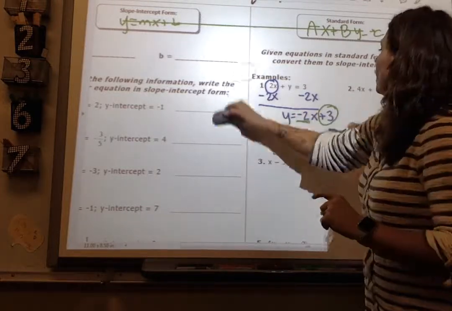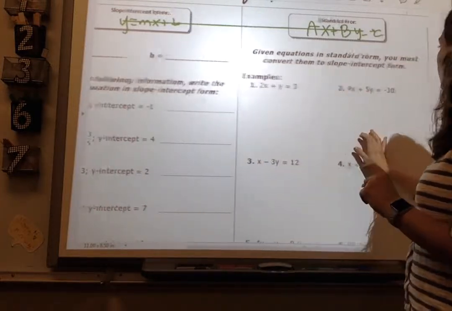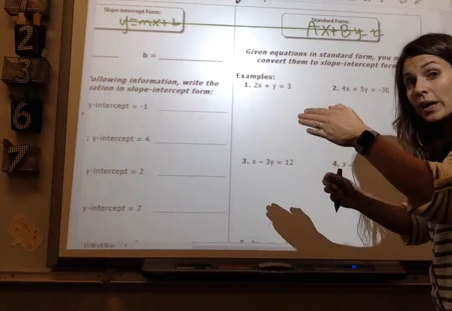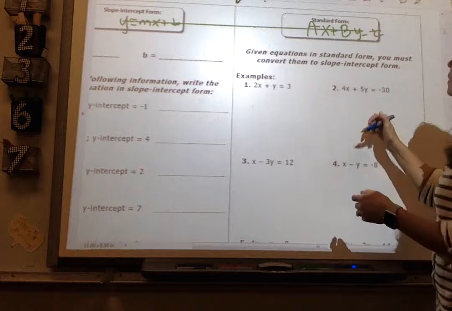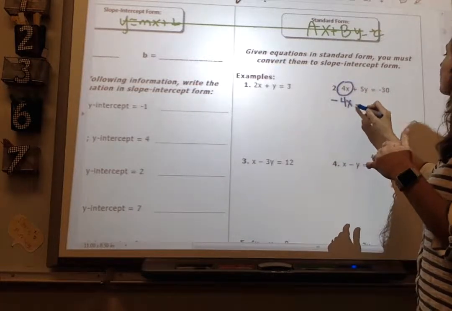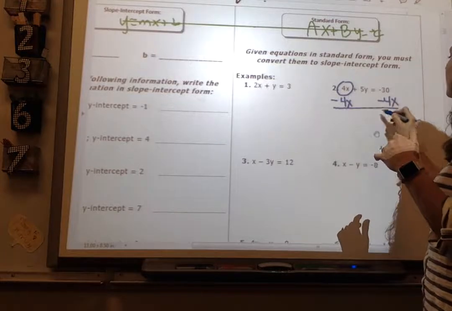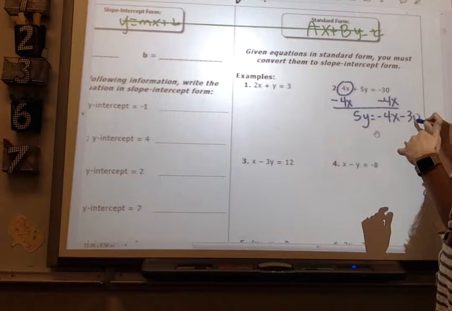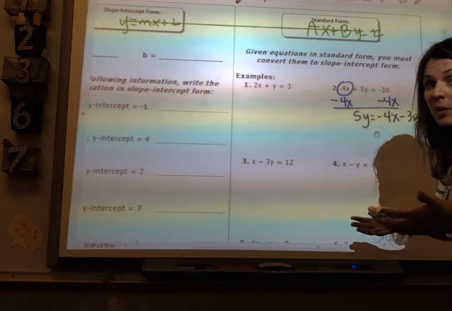Let's go to another example together. Let's go to number 2. So I'm always getting y by itself because I want it in y equals mx plus b form. So I'm going to clear out this 4x, additive inverse. So I subtract 4x on both sides. I'm left with 5y equals negative 4x minus 30. And then what do I need to do to get y by itself?